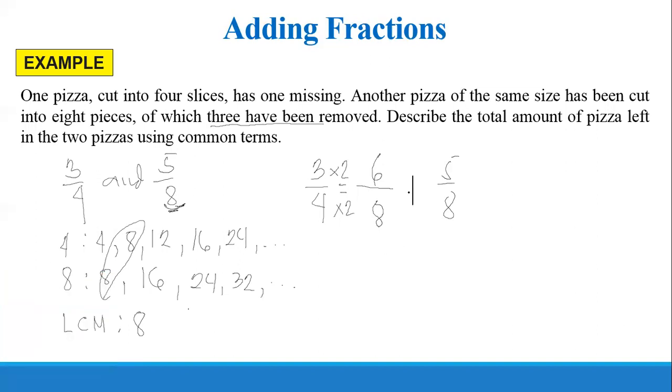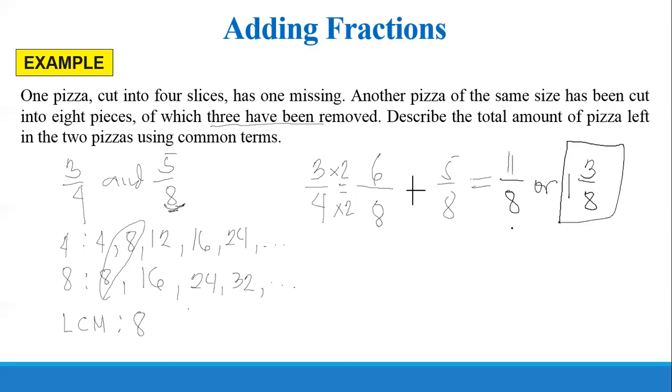Okay, so pag i-add natin yan, 6/8 plus 5/8, 6/8 of the pizza, first pizza, and 5/8 of the second pizza left. So that is, ilan na yan? 11/8. So since we are going to simplify, so 11/8 of an identically sized pizza, or this is 1 and 3/8 pizza still on the table.